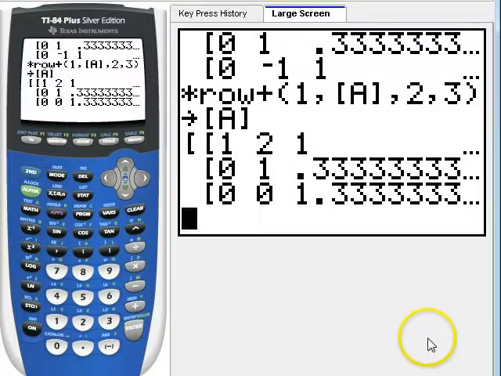Okay, so now what you can do is have the class do an example. They could work on doing a question that's from page 633.